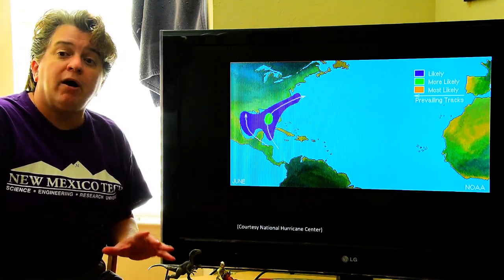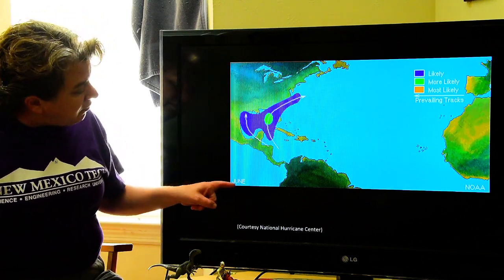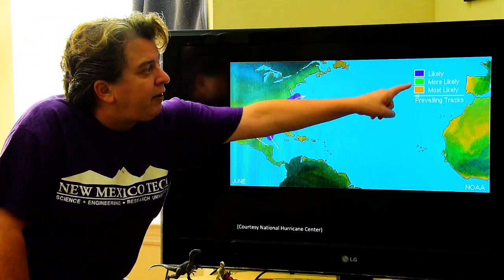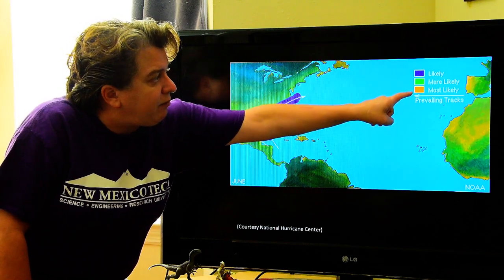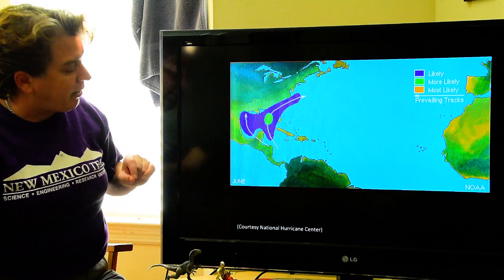This is going month by month, so we're going to work through our entire hurricane season. This happens to be June, and you can see in blue are the likely areas, green are the more likely areas, and orange, which is not on this map, are the most likely places that hurricanes will form.